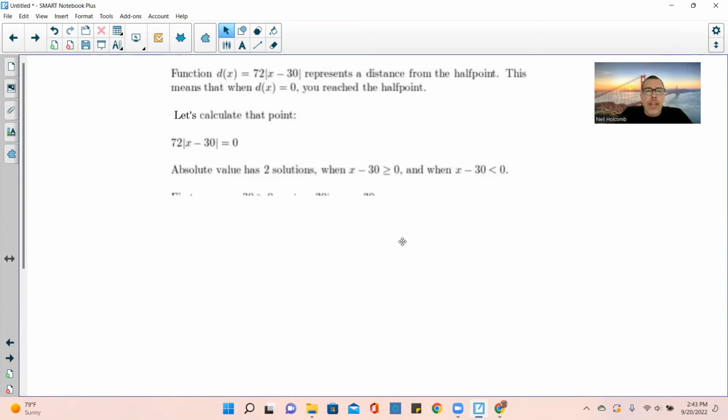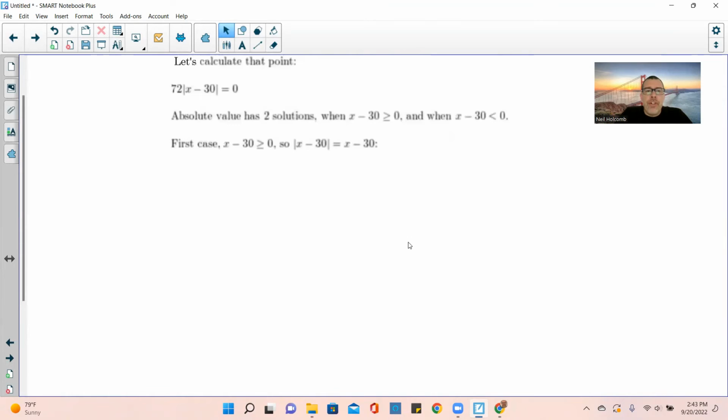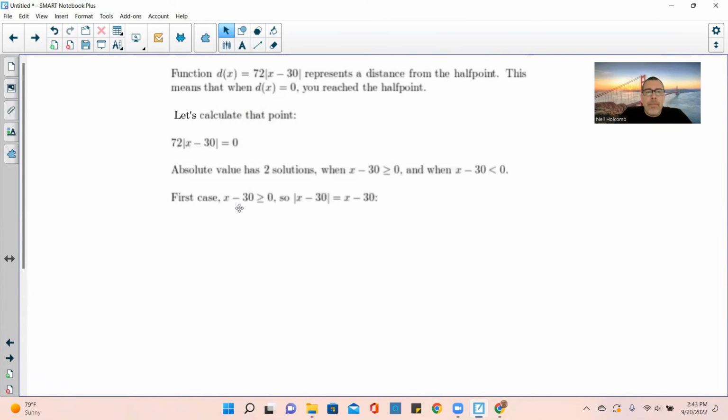So we're going to do the first case first, and that is x minus 30 greater than or equal to 0. So the absolute value of x minus 30 has to equal x minus 30.